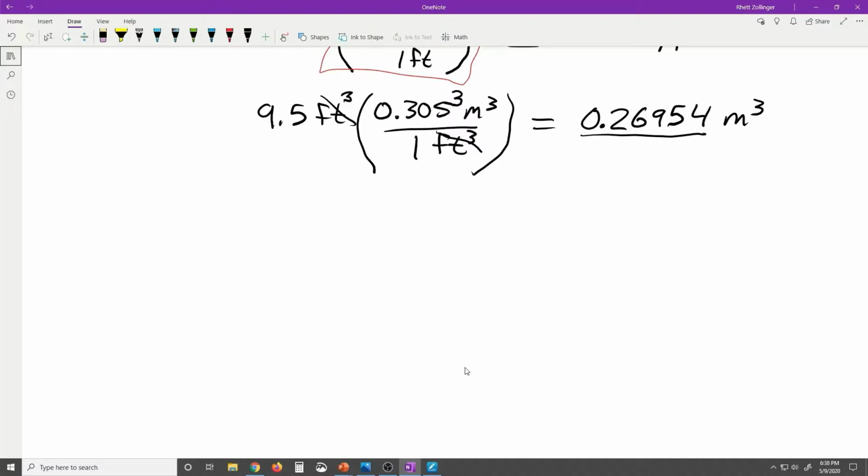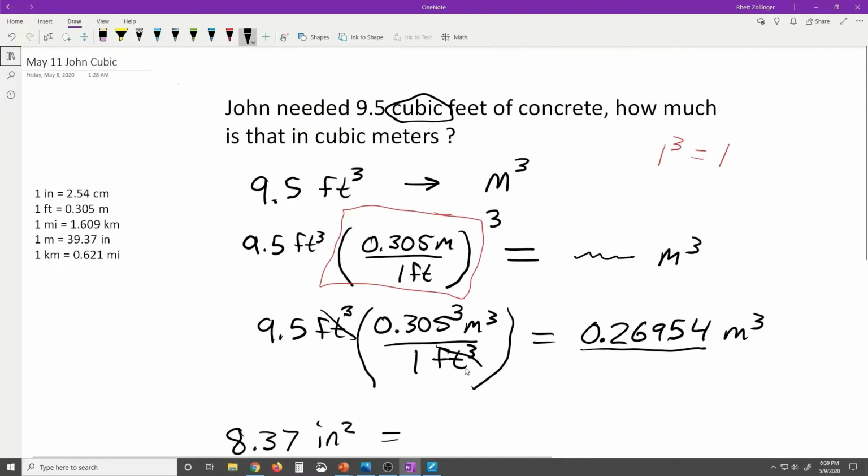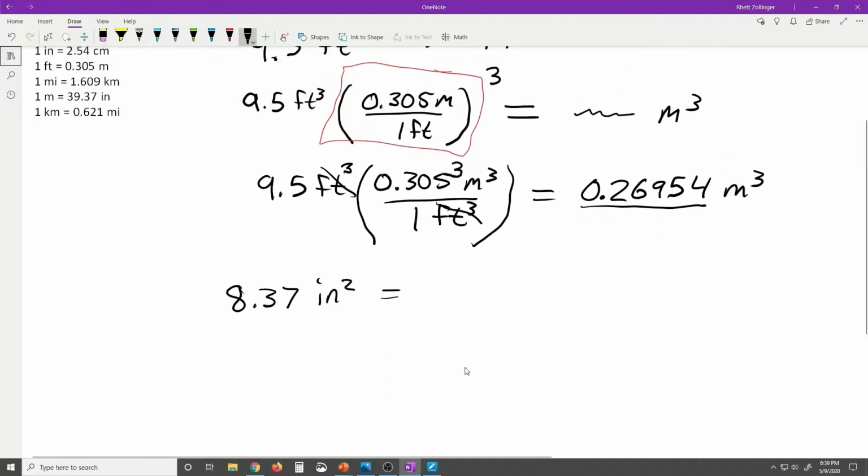Let's say I have 8.37 inches squared, and I want to convert that to centimeters squared. Okay, or you could say square centimeters.